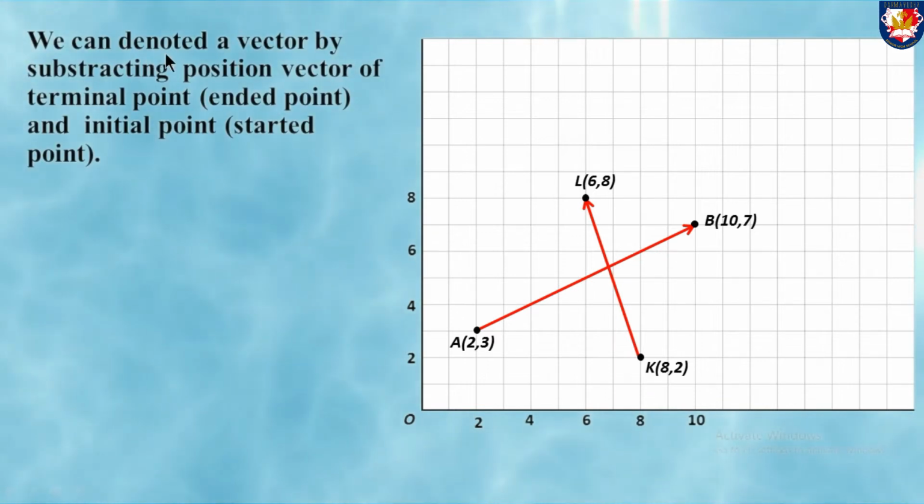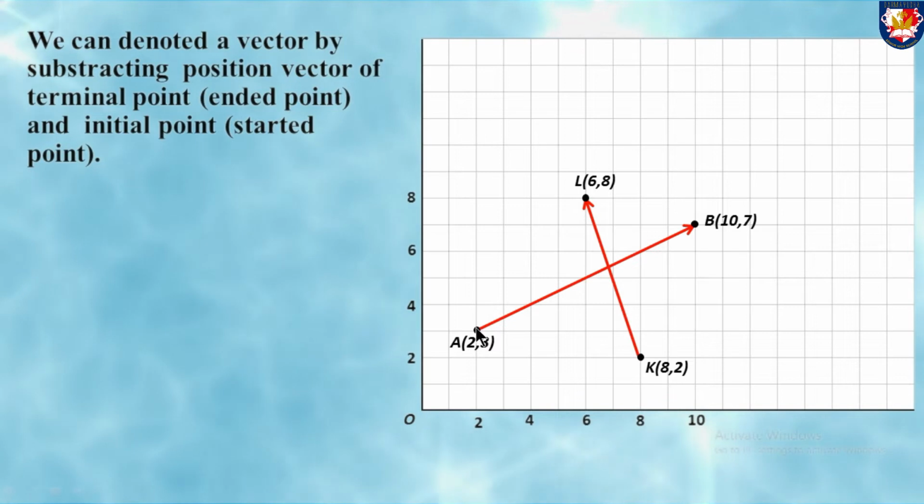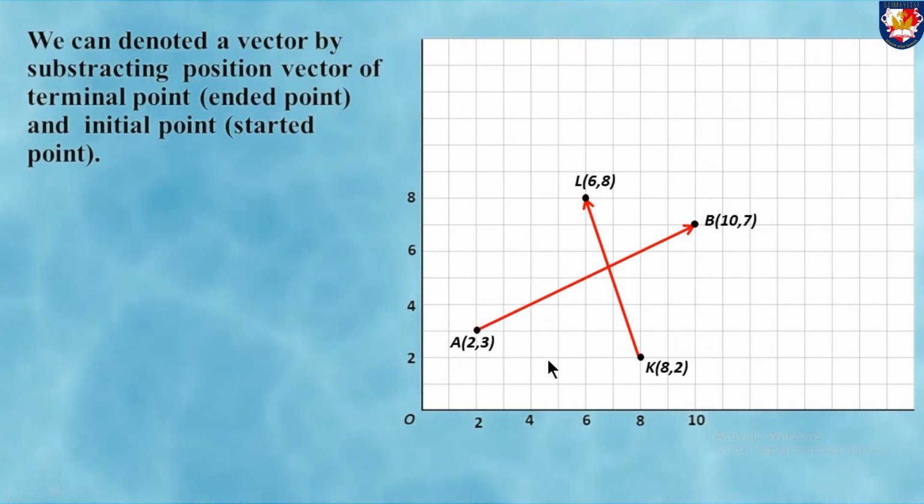We can find a vector by subtracting the position vector of the initial point from that of the terminal point. For example, vector AB. A is the initial point and B is the terminal point.